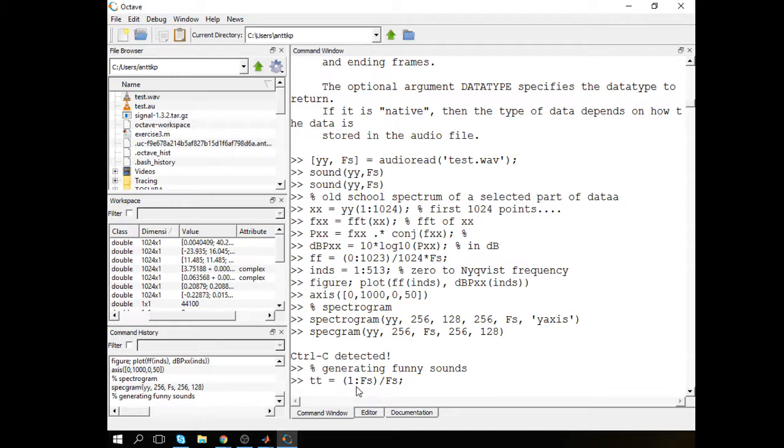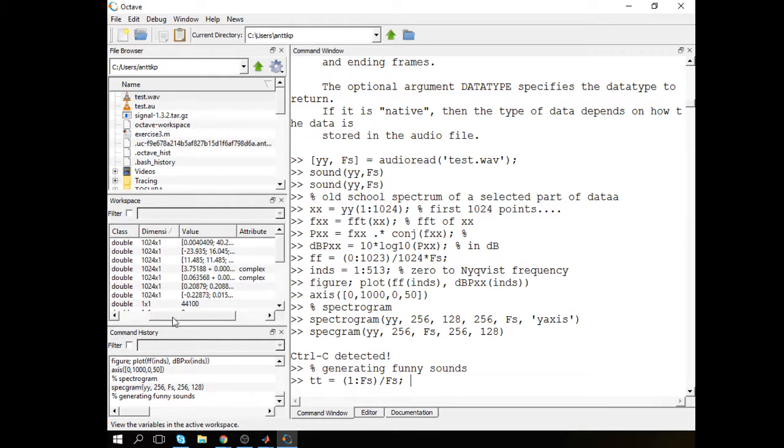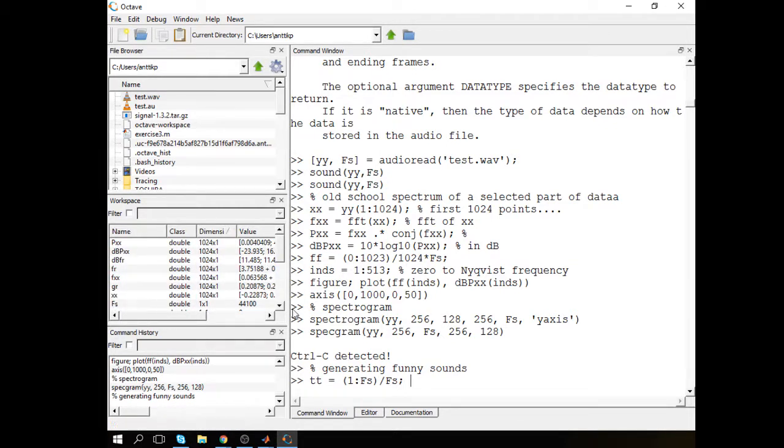The time vector with the sampling rate of FS, and my FS here is, I think, 44.1 kilohertz. Yes, good. That'll work. Sample time vector.